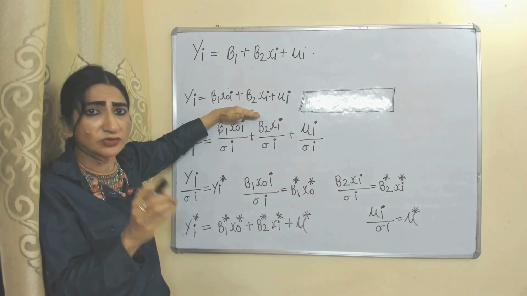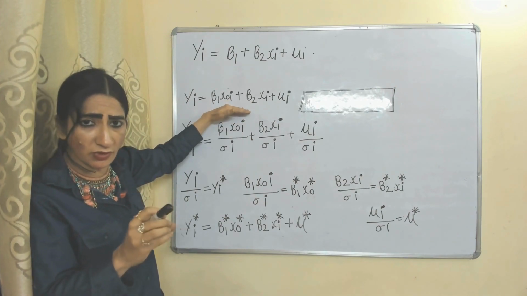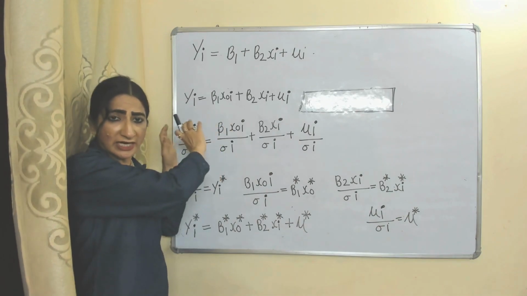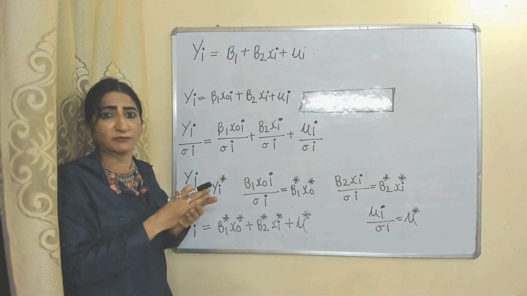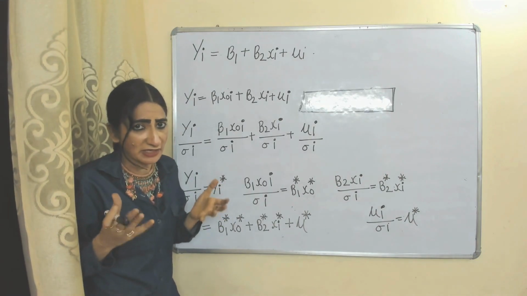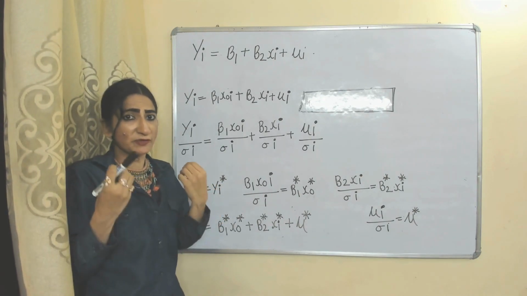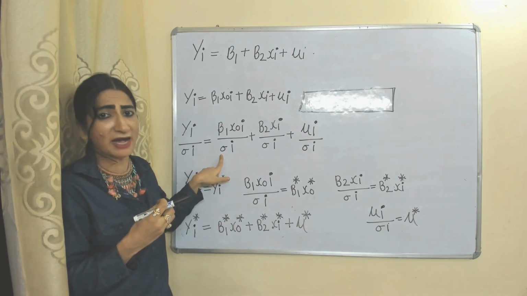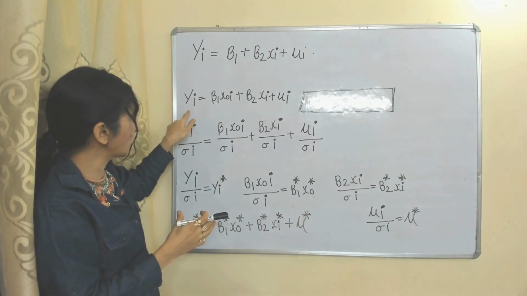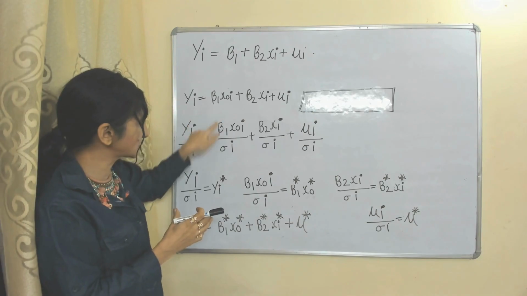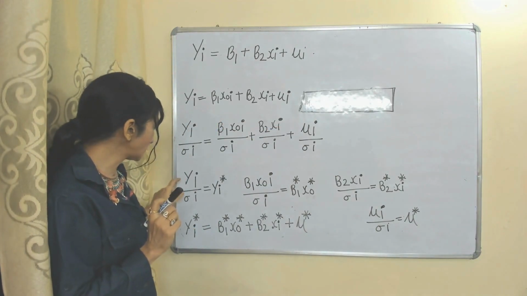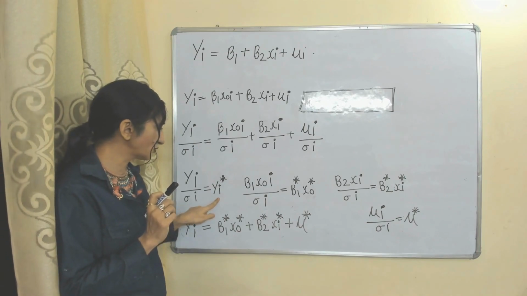In order to do this, we divide the whole model by the standard deviation of the error term, which is represented by sigma i. We divide each term by sigma i. We put yi over sigma i equal to yi star.